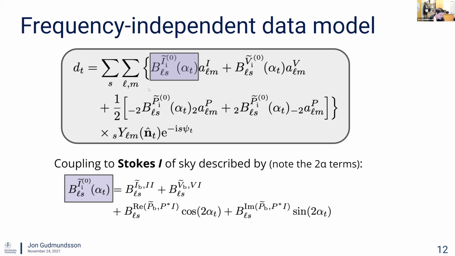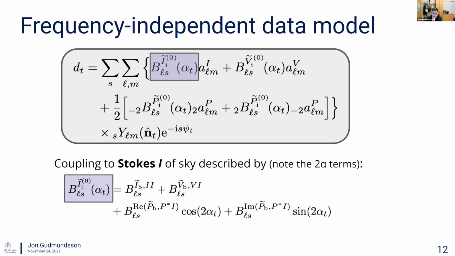And this will actually take me some time to go through just to make sure that I capture everything that's important. So this I here refers to the unpolarized part of the beam, the Stokes I beam. This is the Stokes V beam. This is the Stokes P beam. Well, not Stokes. This is essentially the pseudoscalar representation of the beam, taking both Q and U into a new component.